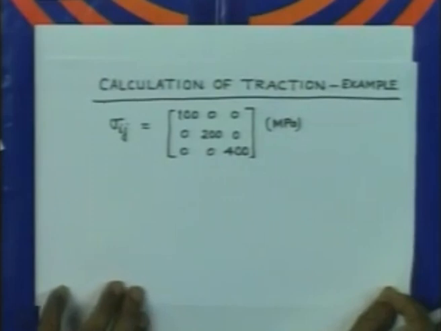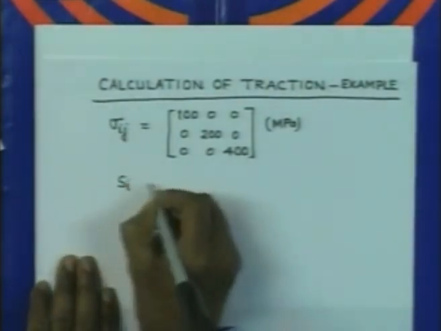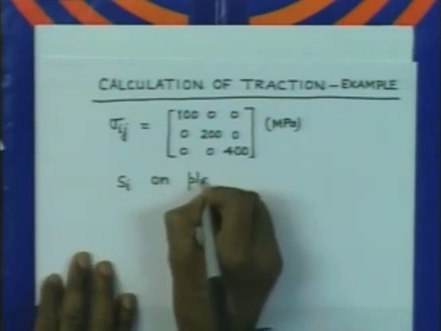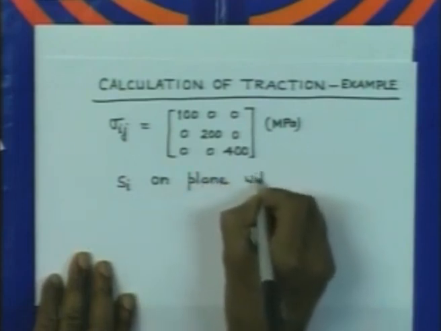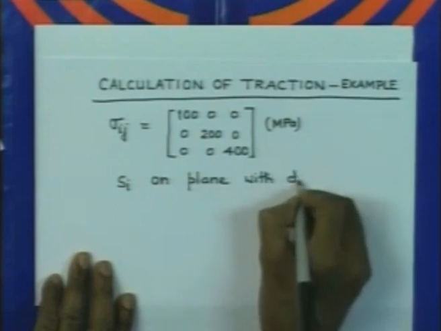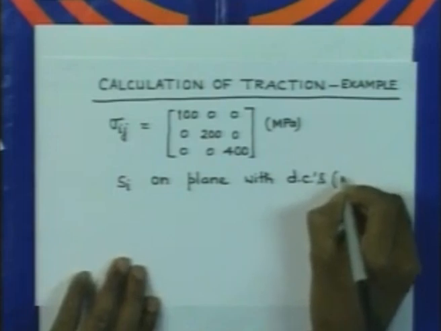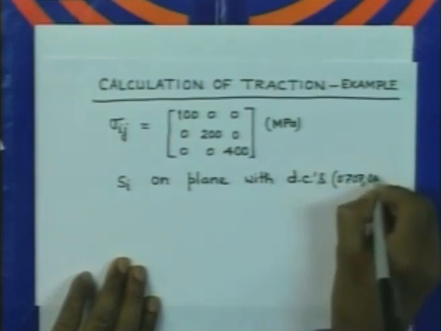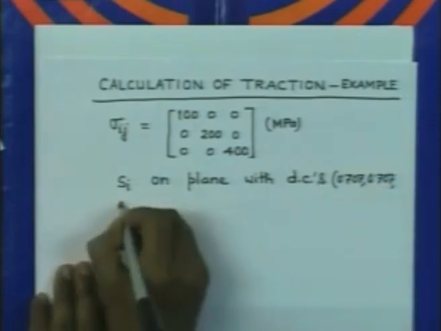Now it is necessary to calculate the tractions Si on a plane with direction cosines 0.707, 0.707, 0.